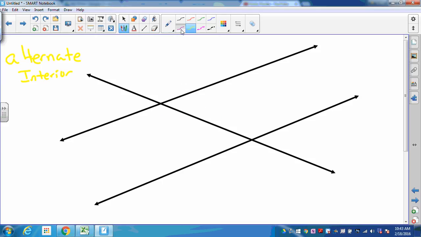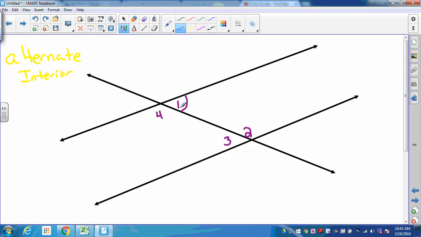So alternate interior. Here we're going to say angle 1, and we're going to call this one down here angle 2. We're going to call this one 3, and that's angle 4. Now, we're going to start here with 1.